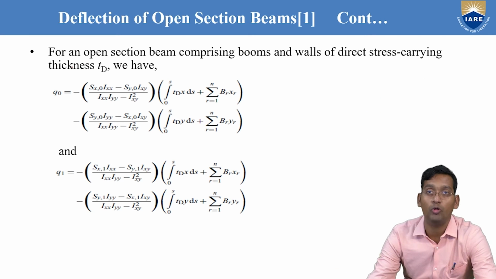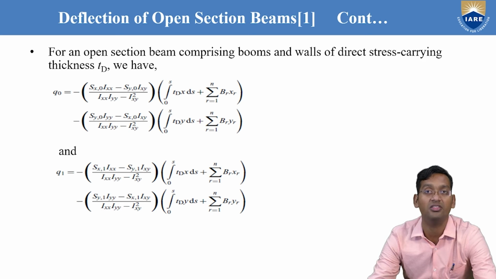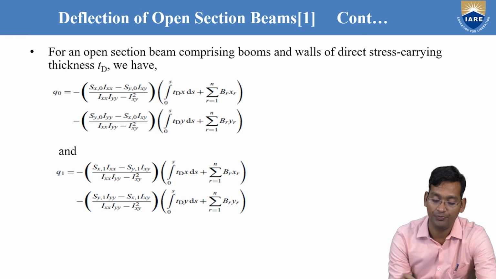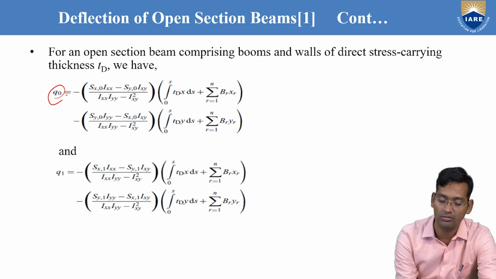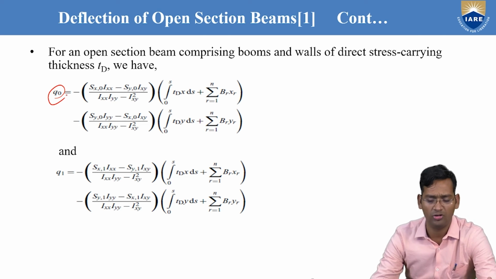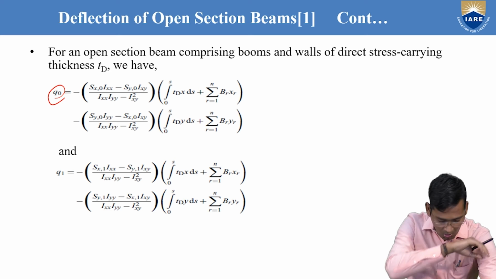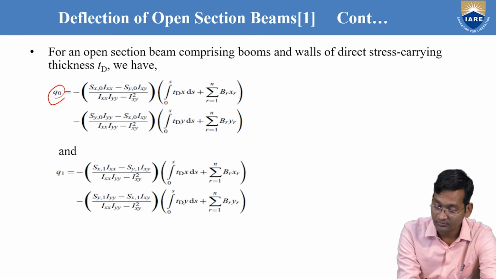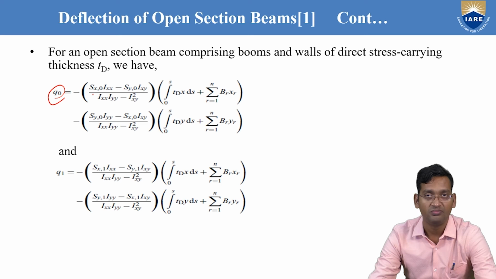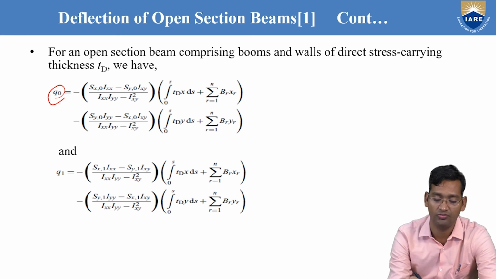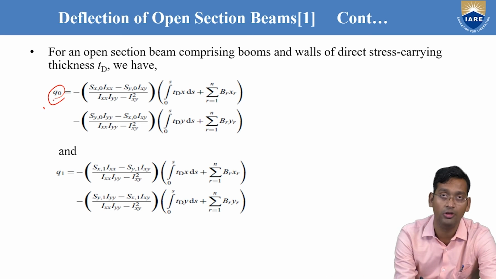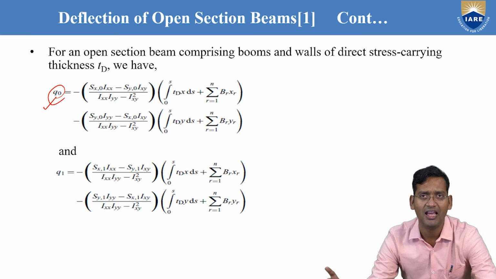So just see, for an open section beam comprising booms and walls of direct stress carrying thickness tD, we have q0. Here we are taking the q0 value, so Sx,0, because q0 is there. So this we are just finding for the shear strain, similarly for the actual loading.